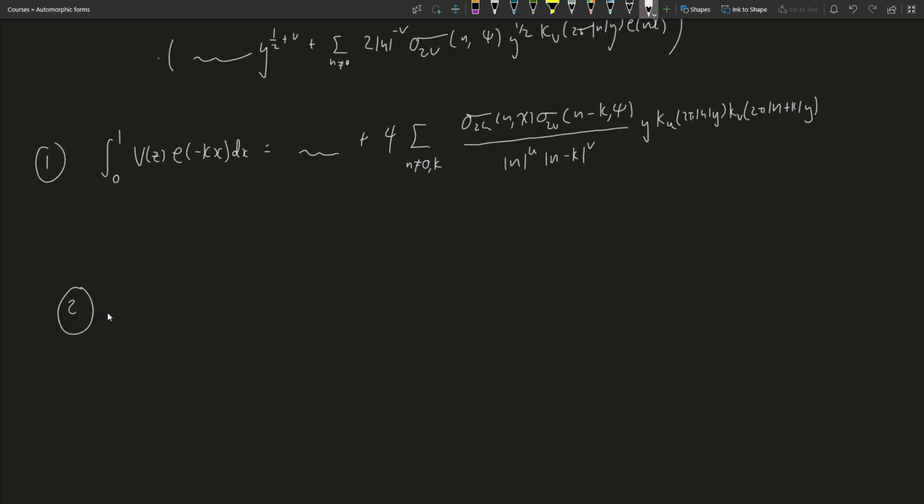Now step two is going to be to take a Mellin transform of this kth Fourier coefficient. So it's going to be the integral y from 0 to infinity, x from 0 to 1 of v of z, e of kx dx, and then y to the s minus 1 dy over y for the Mellin transform.